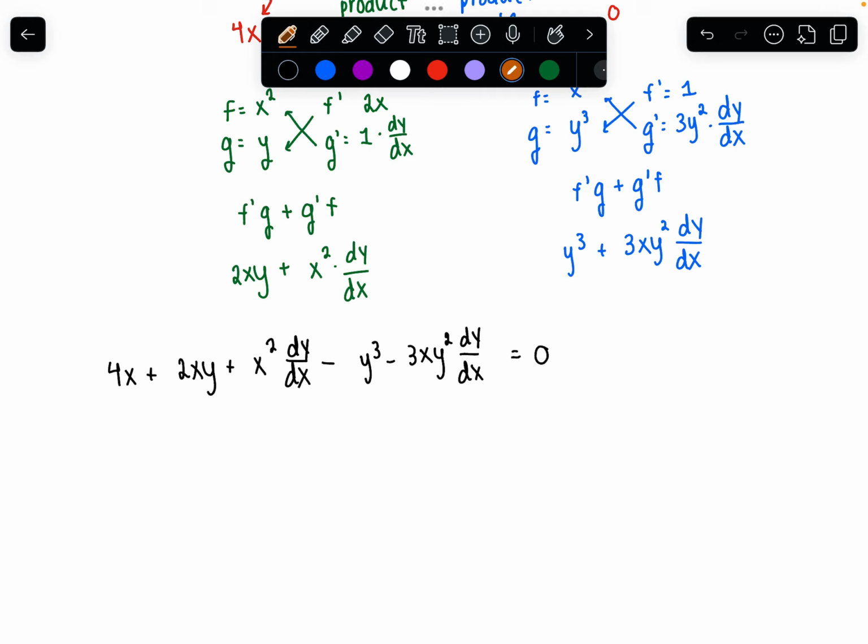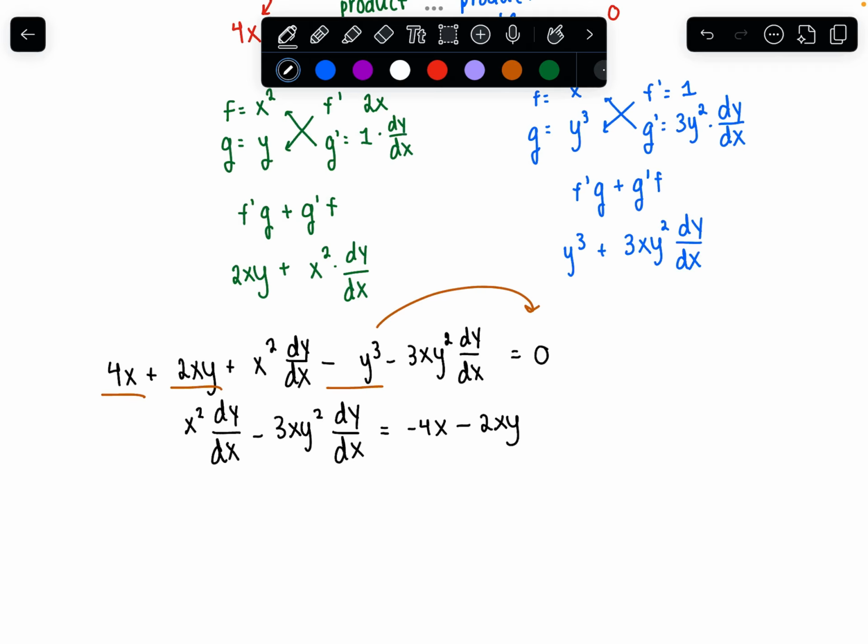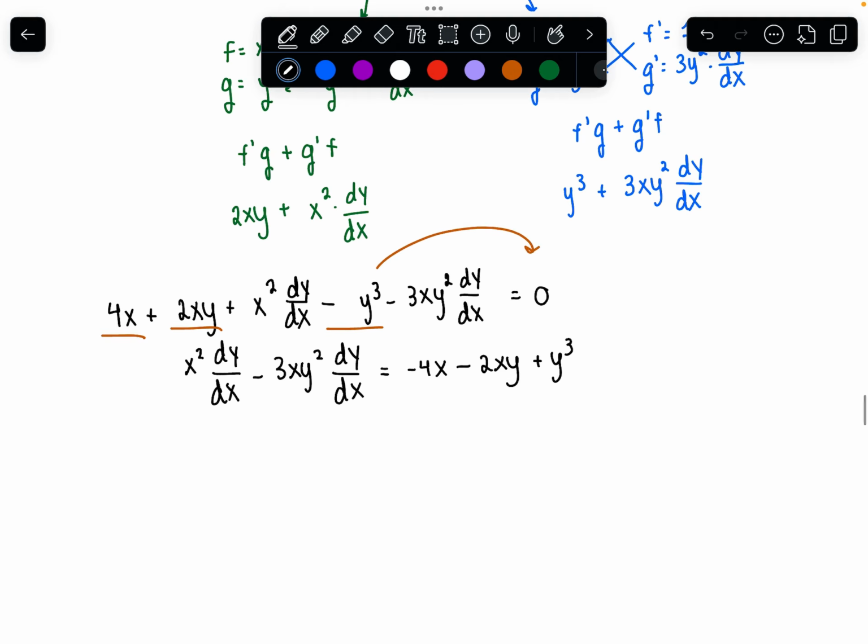So now, everything that does not have dy dx in it, I'm going to move over here, okay? So x squared dy dx stays, and 3xy squared dy dx stays. I'm going to move everything else over. I'm going to subtract 4x, subtract 2xy, and add y cubed.